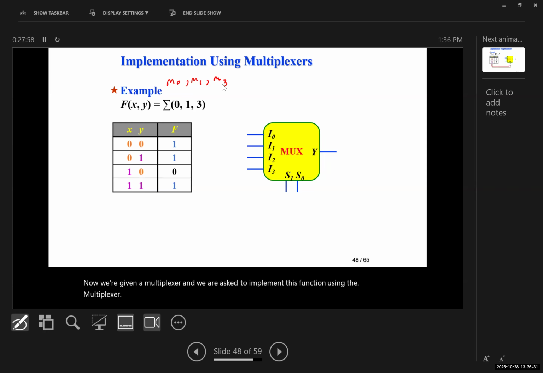Now, I want you to think on this for a few minutes. Then I would start solving it. How do you think I can implement this function, this truth table, into that multiplexer?